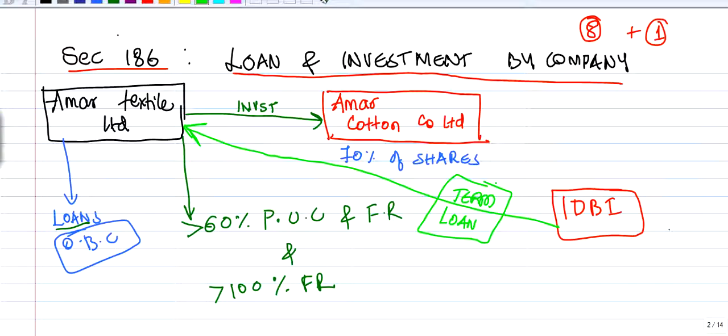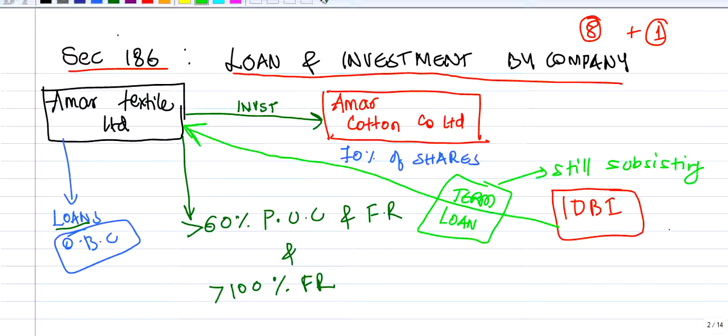This is still subsisting, still in effect.